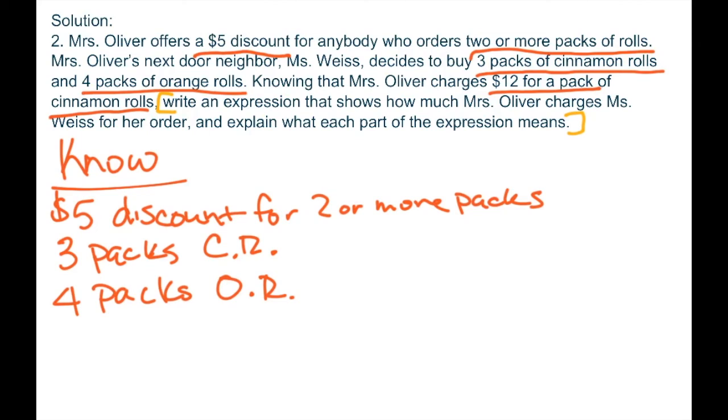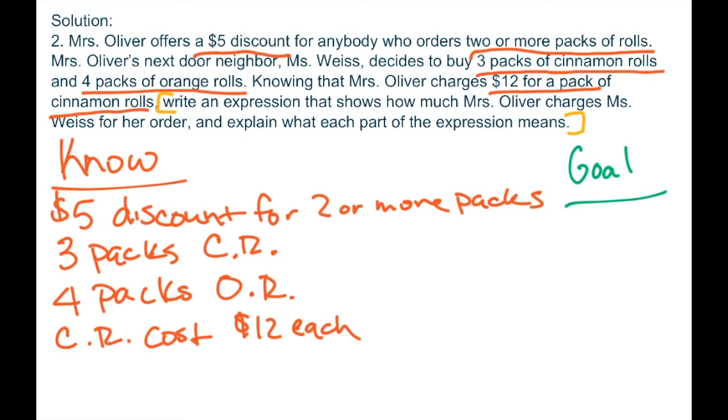I also know that the cinnamon rolls cost $12 each. My goal is to write an expression to represent the total amount that Miss Weiss owes.